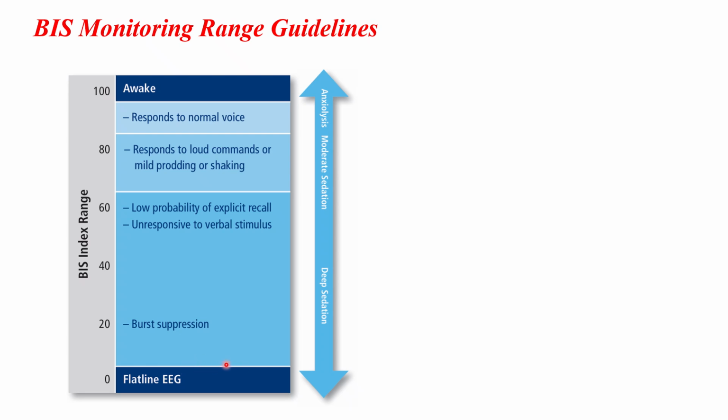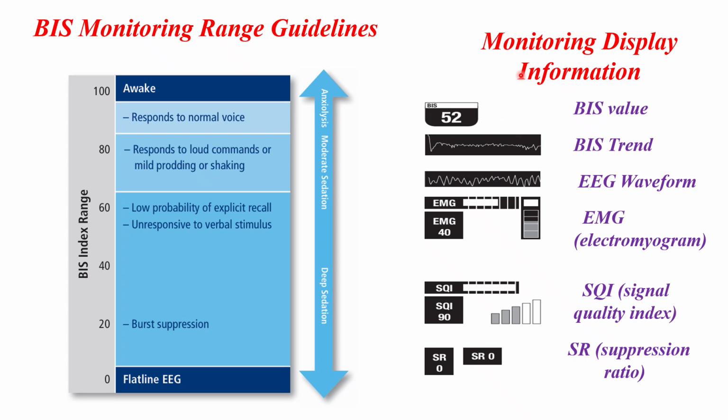Next, in a typical BIS monitoring display, you will see the following components. Each provides crucial information for assessing sedation and anesthesia depth. The first one is the BIS value.